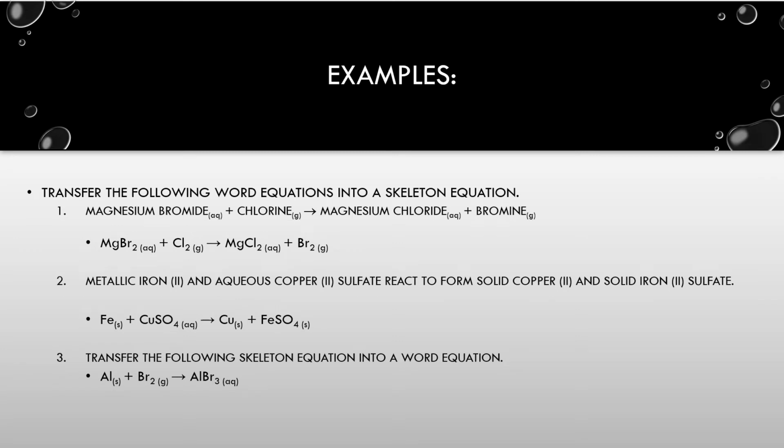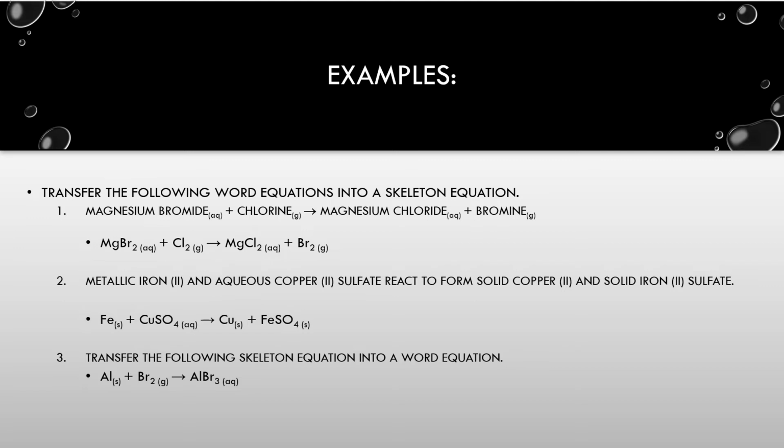Now, a mistake that a lot of people make, they say, wait, it says iron 2. Remember that iron and Roman numeral 2, that 2 is there because it represents the charge on iron, okay? Remember, the Roman numerals represent the charge, so that's important. So it's going to produce copper plus iron(II) sulfate.